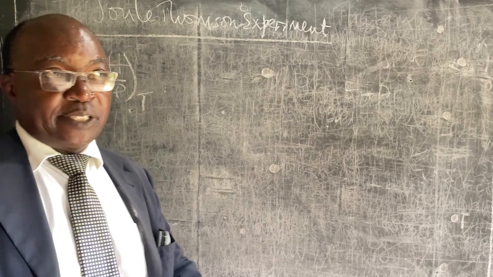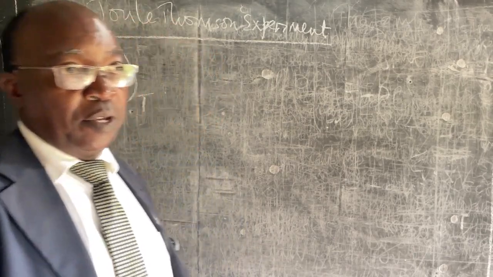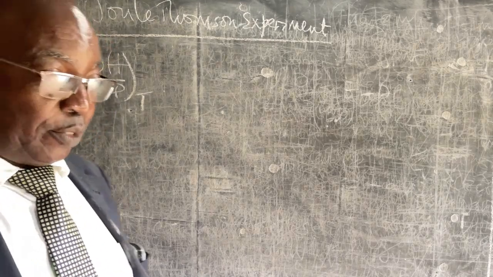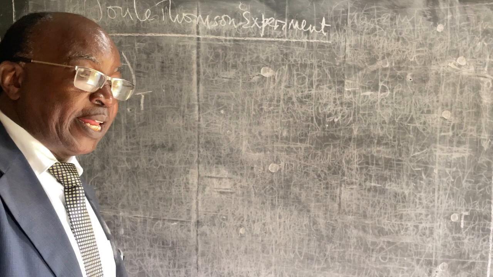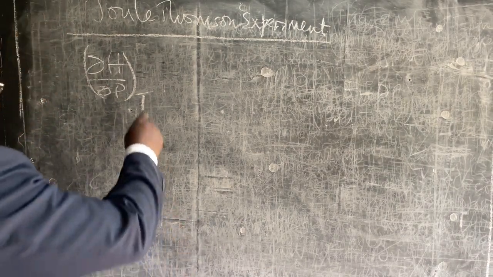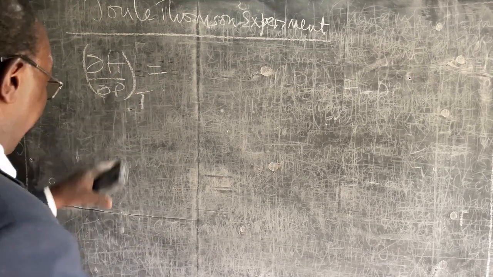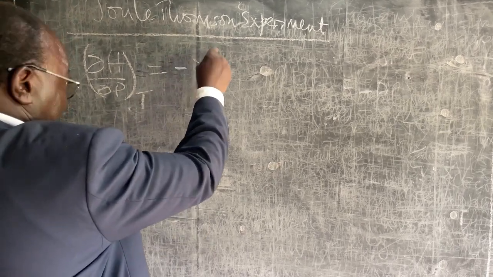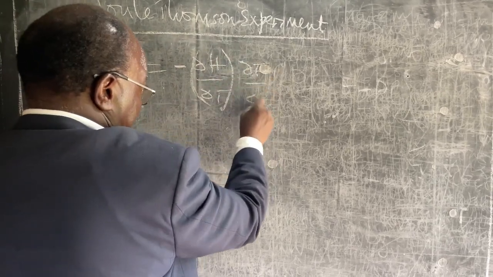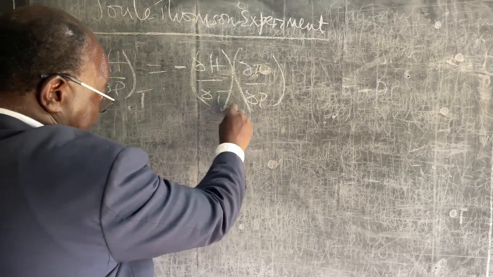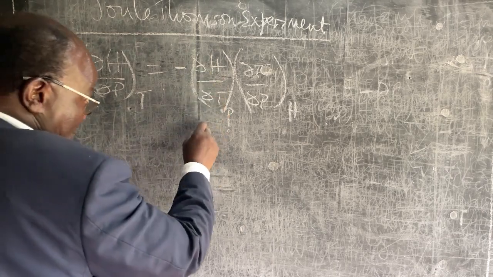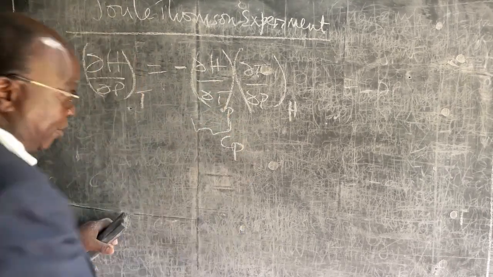Now, applying the mathematical expressions for sorting out partial derivatives, which we mentioned, the permuter and the inverter, which are fundamental and key in solving partial derivatives so that you get expressions you can work with, we apply the permuter to this expression so that you get del H, del T, del T, del P, where in this case P is constant, here H is constant. Now, this del H, del T, we remember is Cp, the isobaric heat capacity.